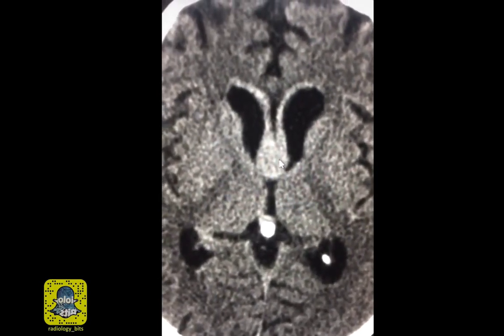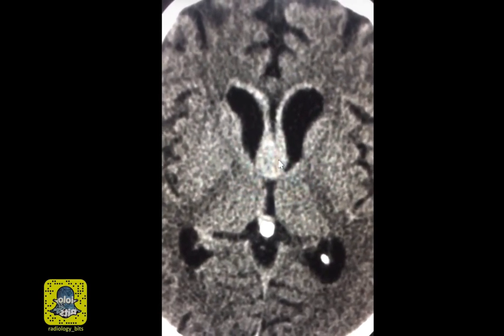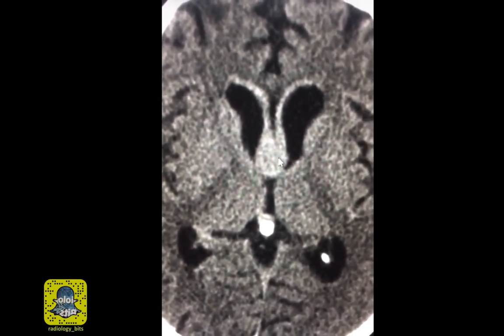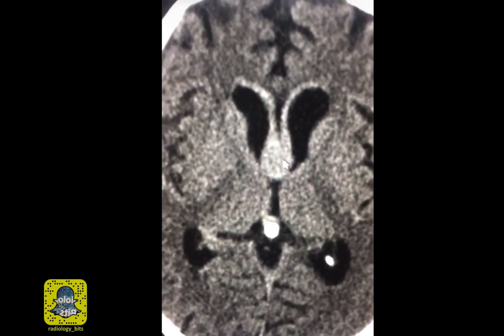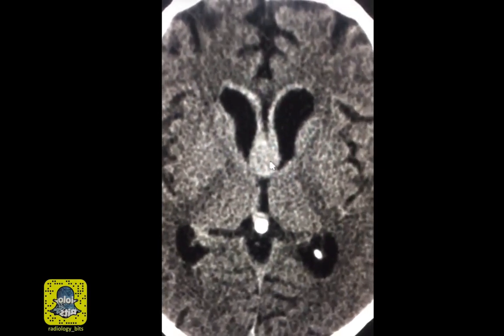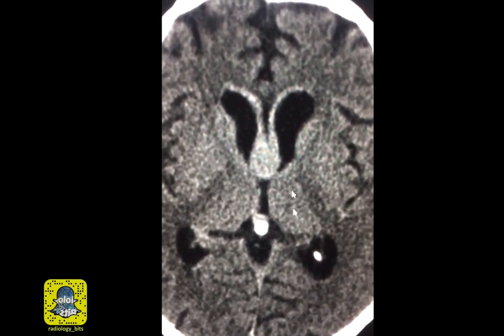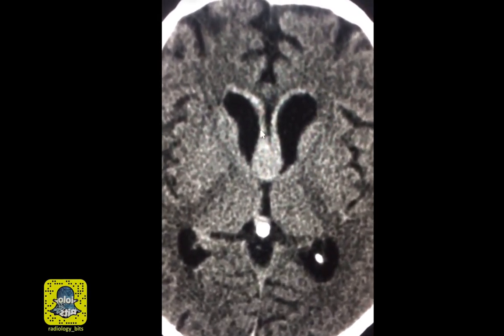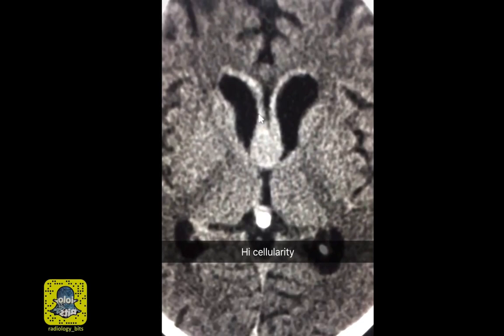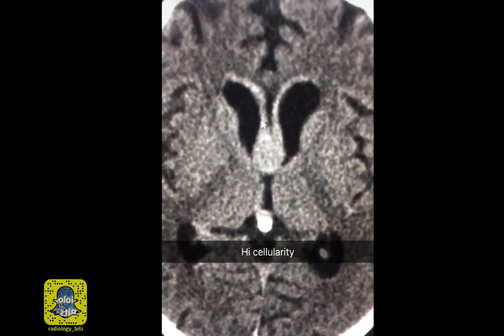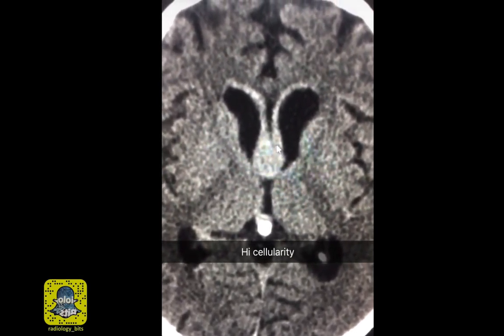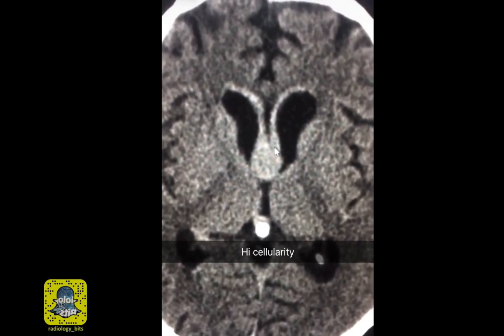As a basic rule, the two things that are spontaneously hyperdense without contrast would be calcium and hemorrhage. And as you could tell, this is not calcium, it's different than the bone density, and it's not hemorrhage. The distribution would be unusual. You're left with the third possibility for spontaneously hyperdense abnormalities, and that's a highly cellular lesion.